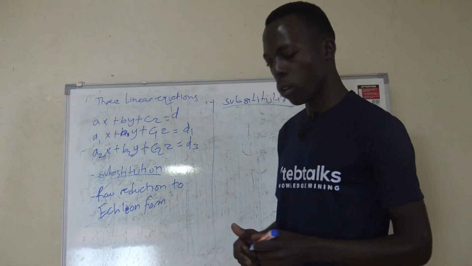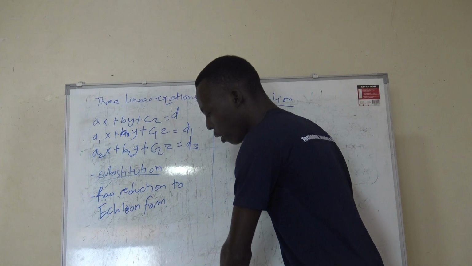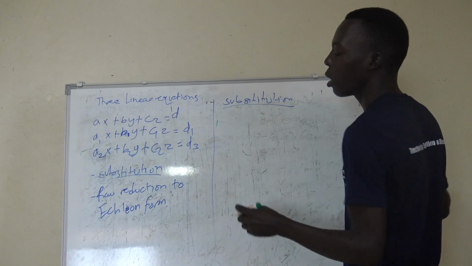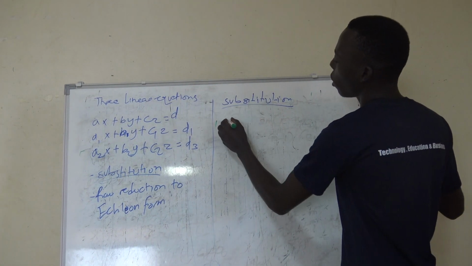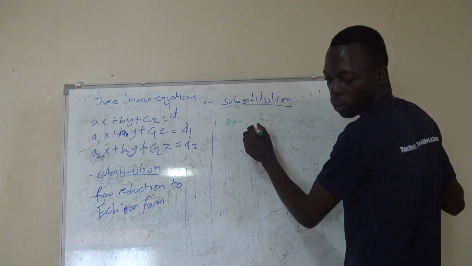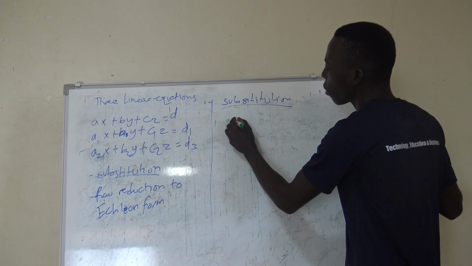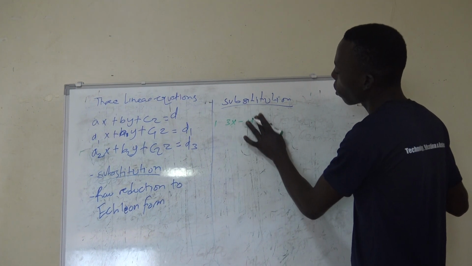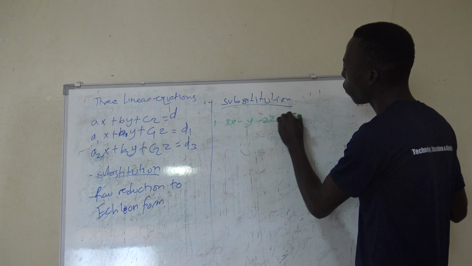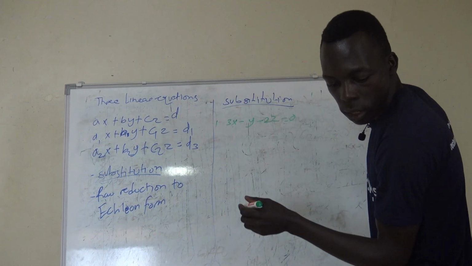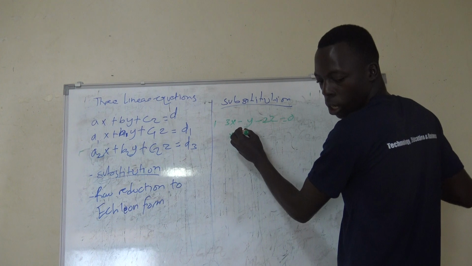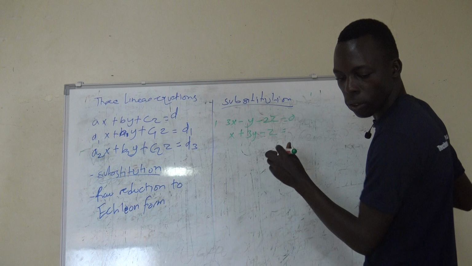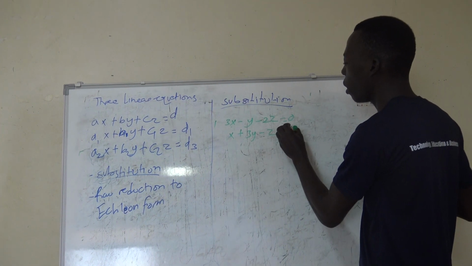Now on substitution, we are going to look at an example. Question 1: they are saying 3x minus y minus 2z equals 0 as the first equation. Then the second equation is x plus 3y minus z equals 5.